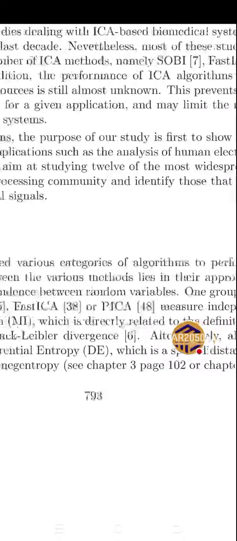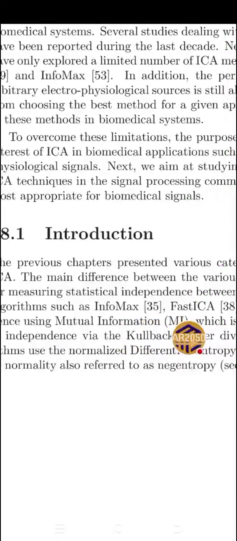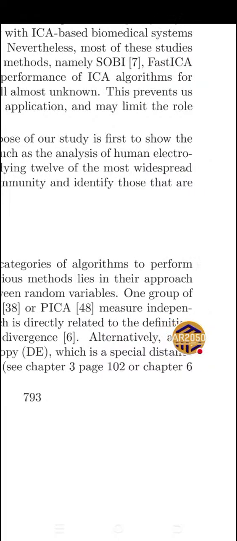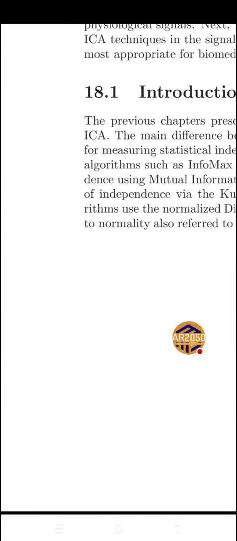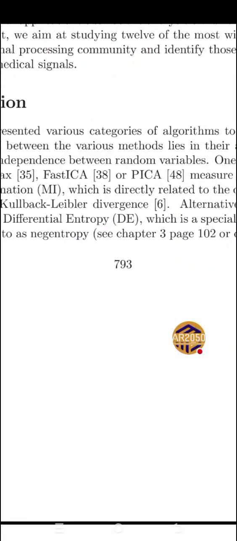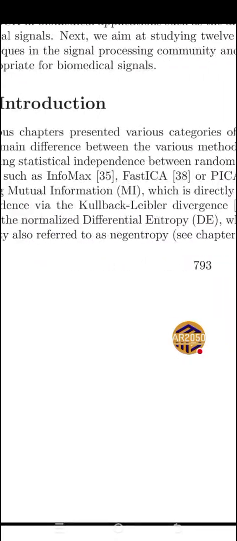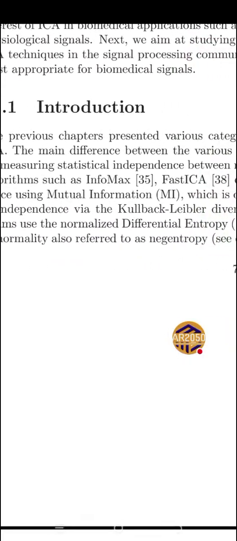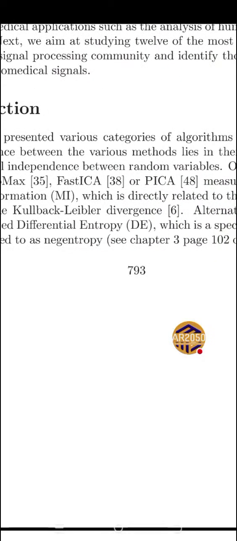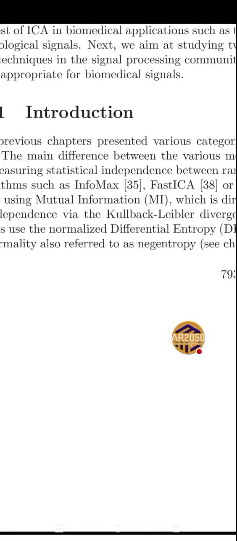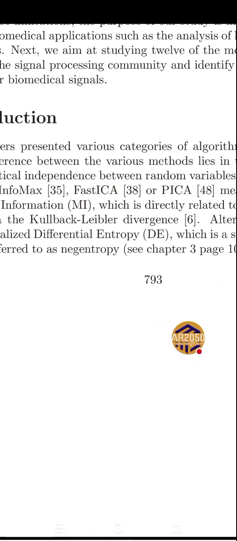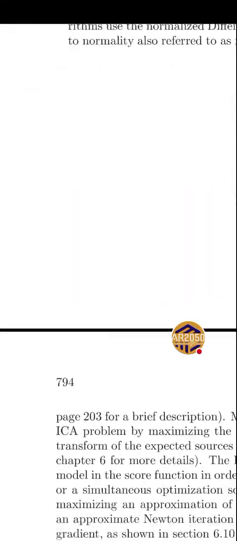So the techniques they are talking about are Infomax, FastICA, PICA, Mean Independent... I think mutual information, MI, which is directly related to the definition of independence via the Kullback-Leibler divergence. An alternative algorithm used to normalize the differential entropy, which is a spectral distance.